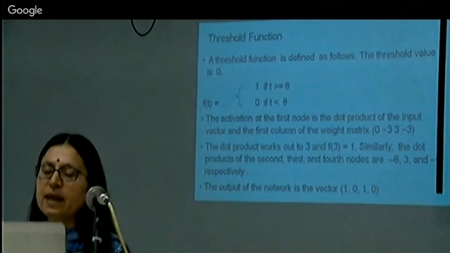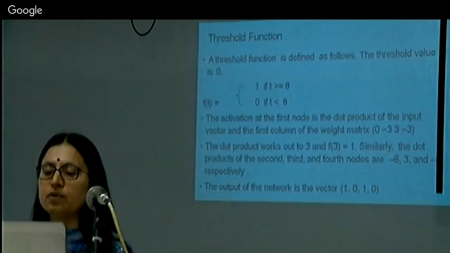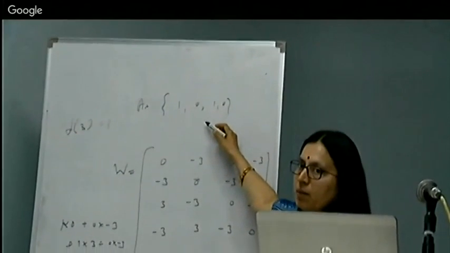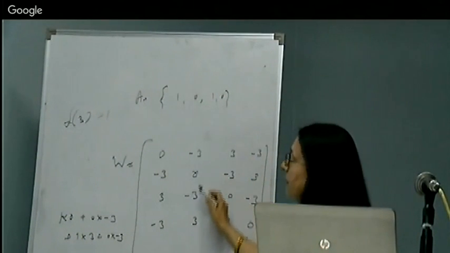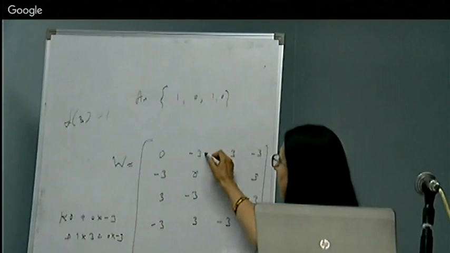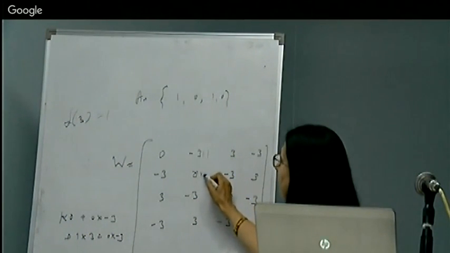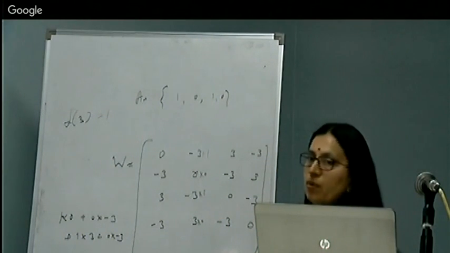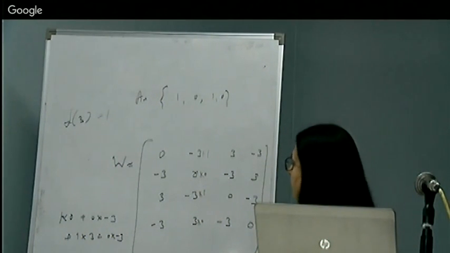So what would be the activation for the second, third and fourth neuron? For the second neuron, we have to find the dot product of the input vector and the second column of the weight matrix. So if we find the dot product of the input vector and the second column, what do we get? -6.